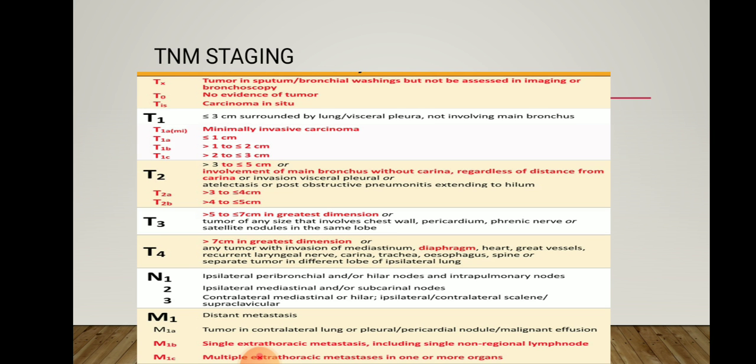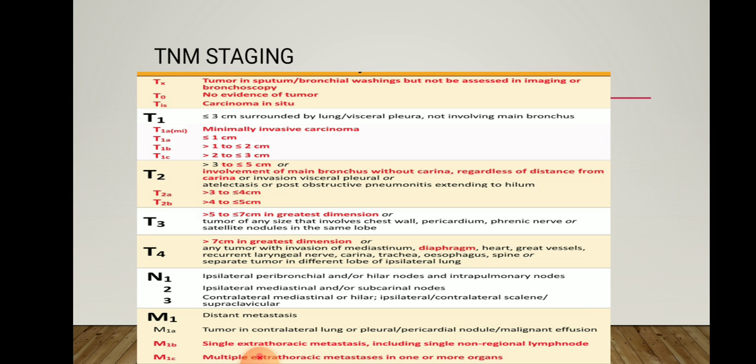TNM staging of lung cancer. In T1, tumor size is less than or equal to 3 cm, surrounded by lung or visceral pleura, not invading main bronchus. It is further divided into T1A, T1B and T1C. In T2, the tumor size is between 3 to 5 cm or involvement of main bronchus without carina regardless of distance from carina or invasion of visceral pleura or atelectasis or post-obstructive pneumonitis extending to hilum.